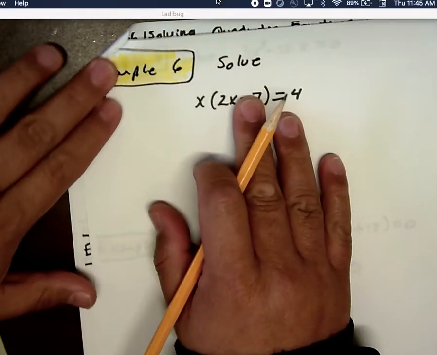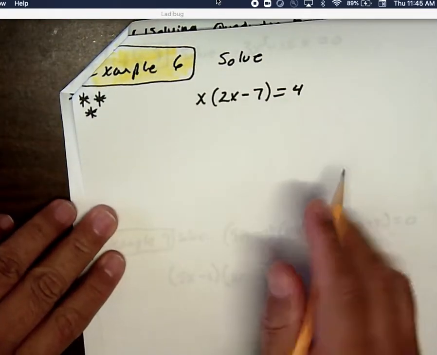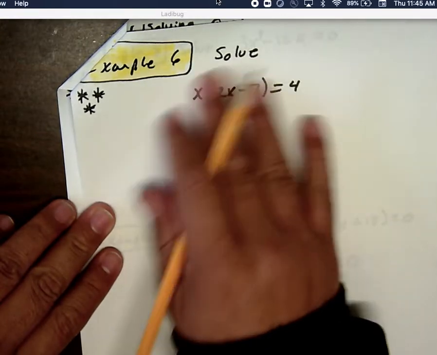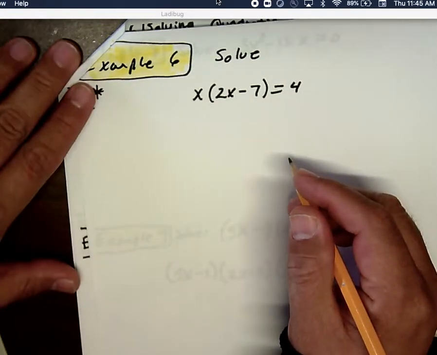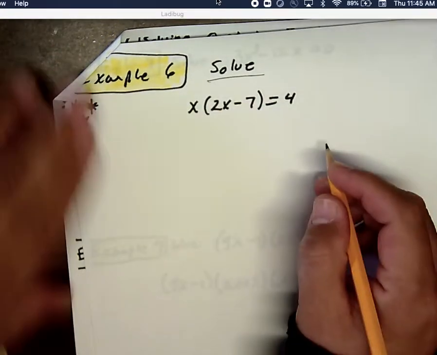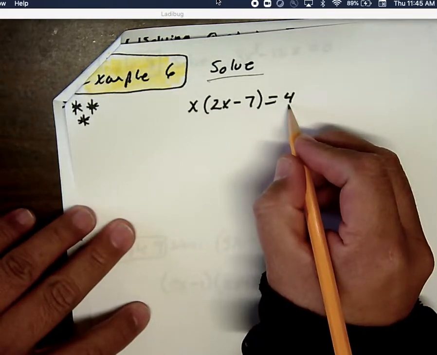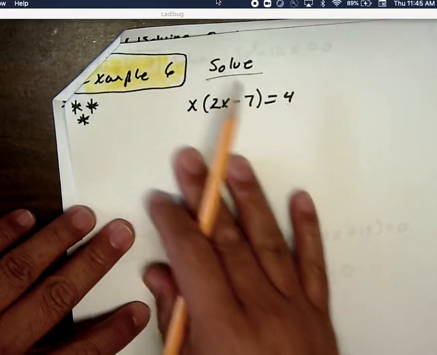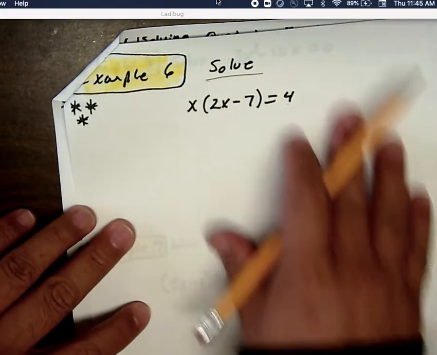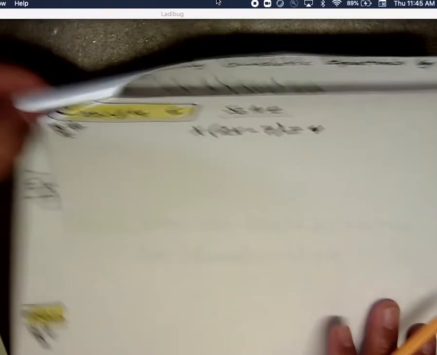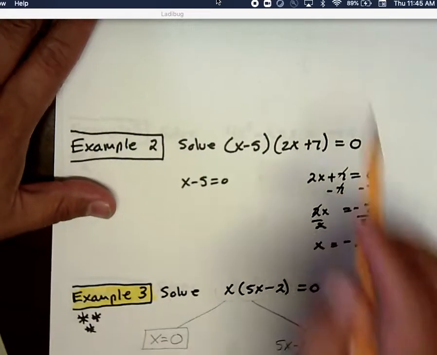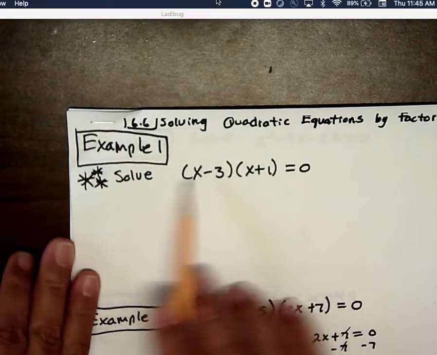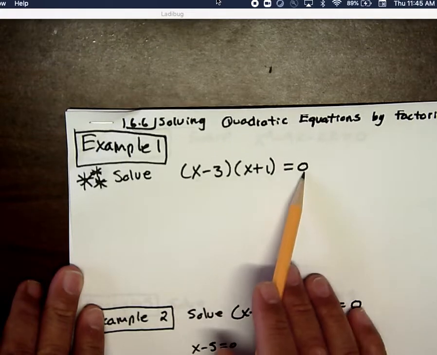So 6, sometimes you might get something like this, and they want you to solve, and there's a number on this side, so we don't have the 0. So remember, these equations, you need to equal them to 0. So just remember, for example, this one, I'm not doing example 1, but it's equal to 0.